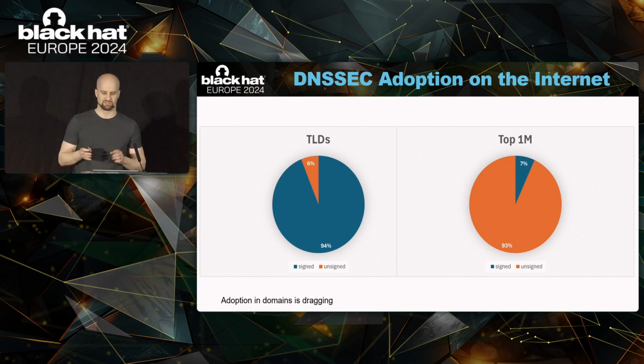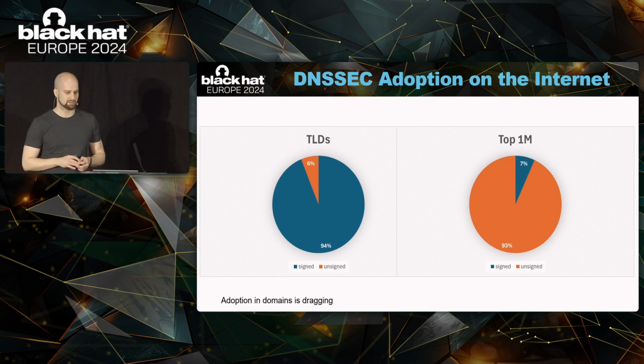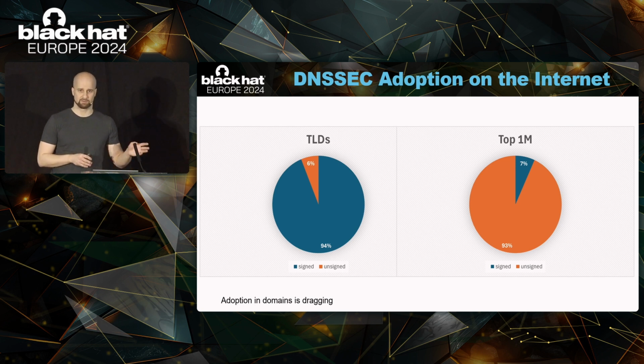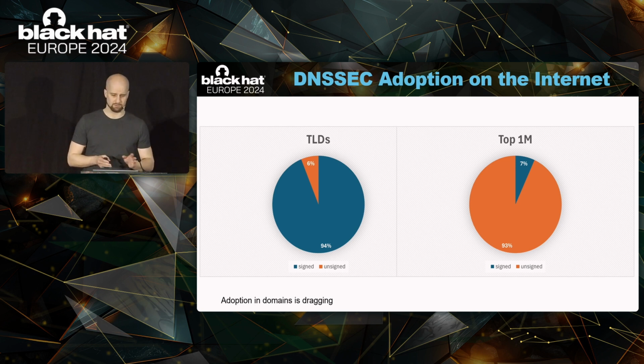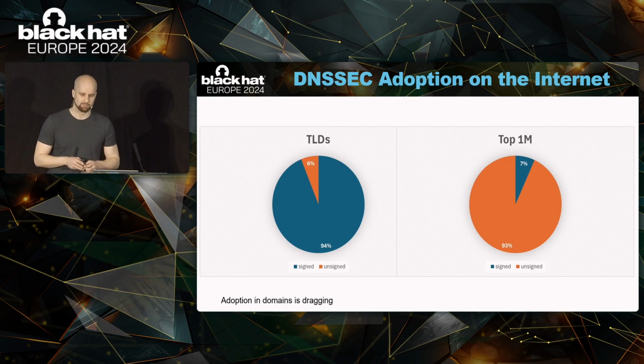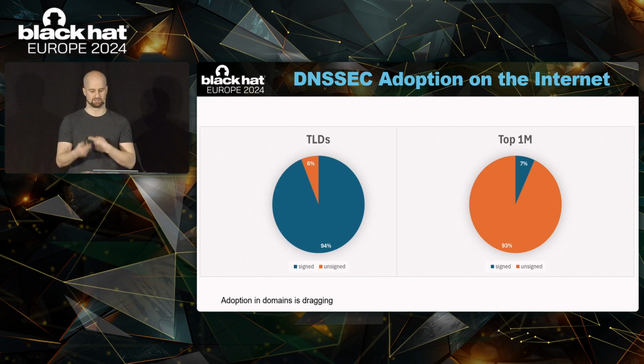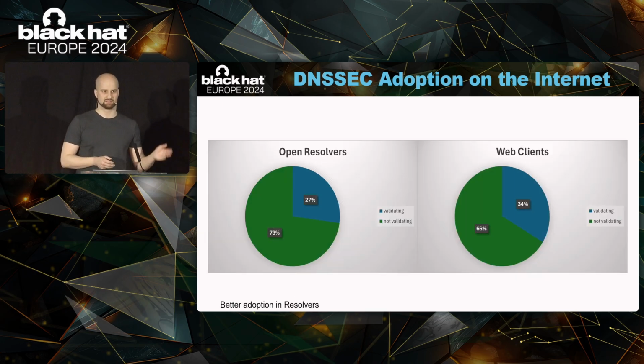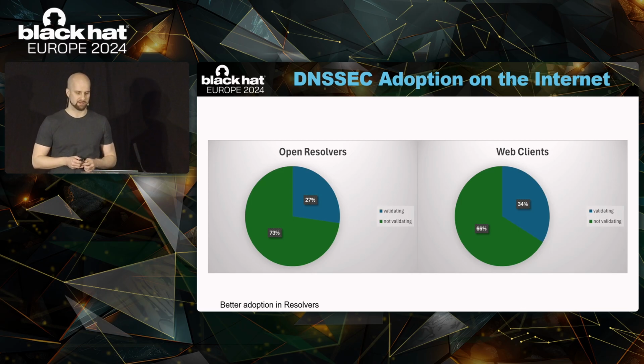DNSSEC is a little like the IPv6 story, so it shares some similarities in terms of adoption. Adoption in domains is quite lagging. On the top-level domain side, it actually looks rather good, with only about 6% of them not being signed. But on the second-level domain side, it's much worse, essentially the other way around. Only about 7% of them are signed. On the resolver side of things, validating DNSSEC looks quite a bit better.